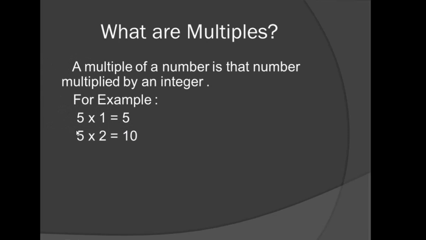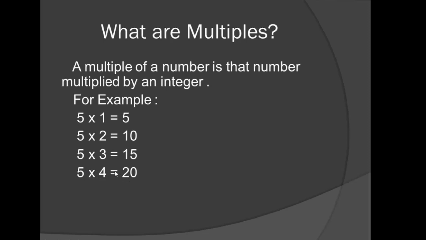Now again, I want to know the second multiple, so 5 multiplied by 2 becomes 10. Next, 5 multiplied by 3 is equal to 15. Similarly, 5 multiplied by 4 is equal to 20.